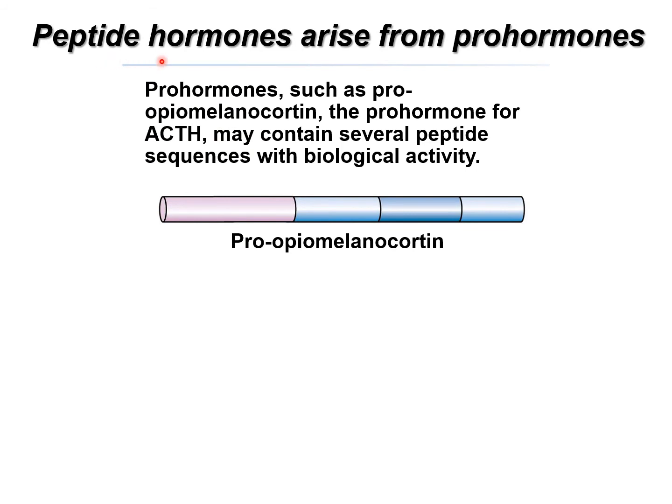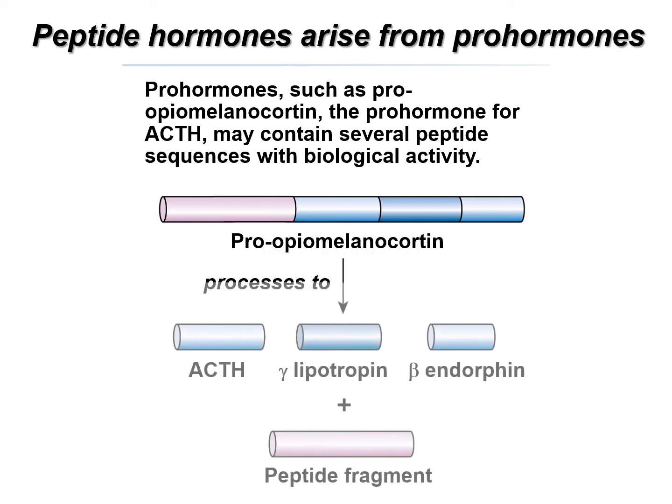One way that we can control peptide hormones is by post-translational modification. That is to say, we start off with a prohormone, sometimes even a prehormone, in an inactive form. And then there are post-translational modifications that lead to the active hormone. And sometimes those modifications occur immediately prior to secretion. So here we have pro-opiomelanocortin, that's a mouthful. It gets chopped up into three separate hormones, at least three.